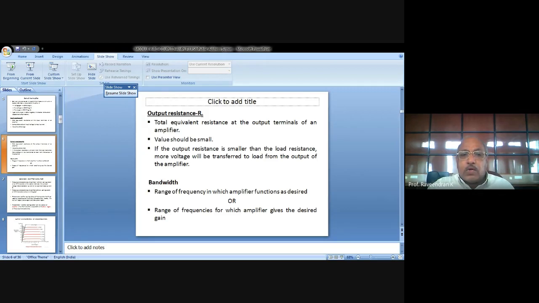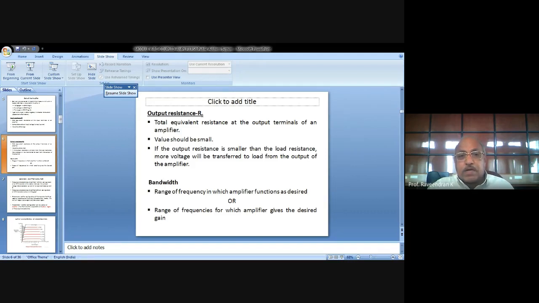So I1 into R2 will be the voltage drop across R2, and this voltage will be sufficient to make the base emitter junction forward biased. This voltage divider biasing network should ensure the base emitter junction is forward biased for the operation of this NPN transistor as a CE amplifier.